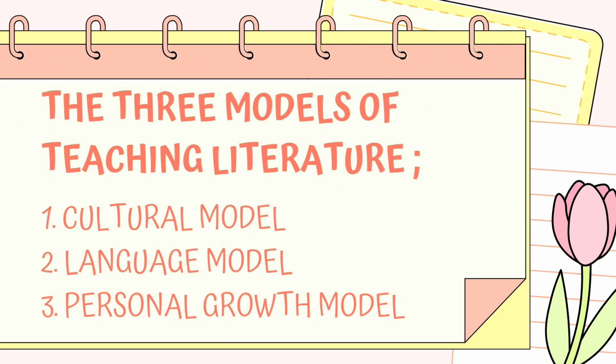There are three models of teaching literature: the cultural model, the language model, and the personal growth model. The first model will be discussed by yours truly, and the other two models will be discussed by my co-teachers Vianca Caponga and Jocelle Lyca Evaristo.